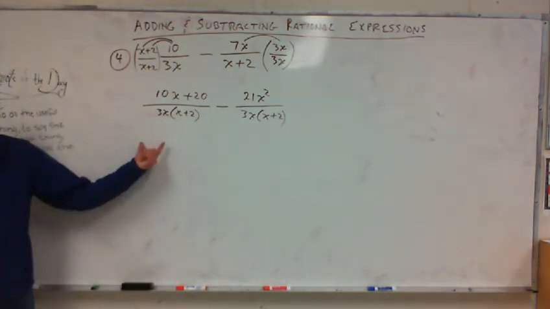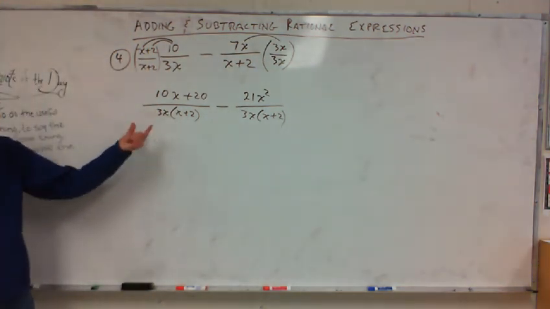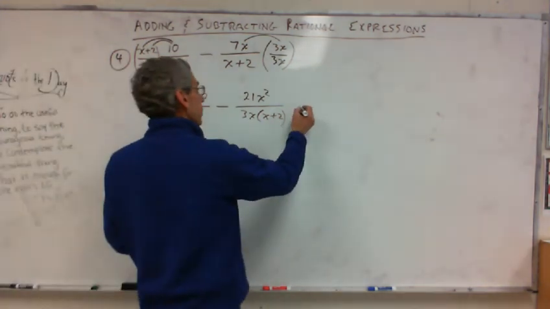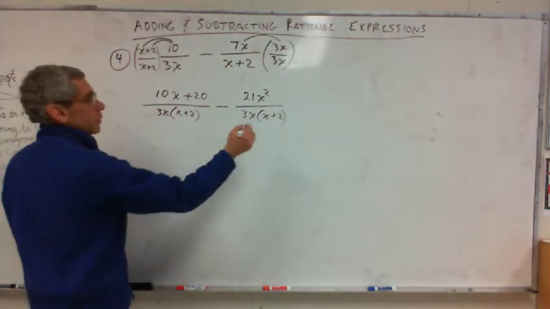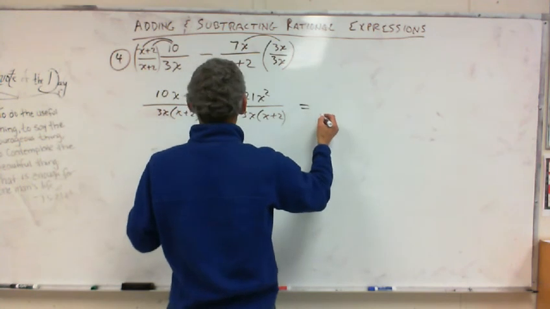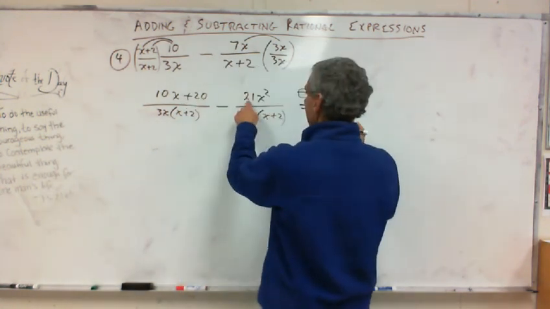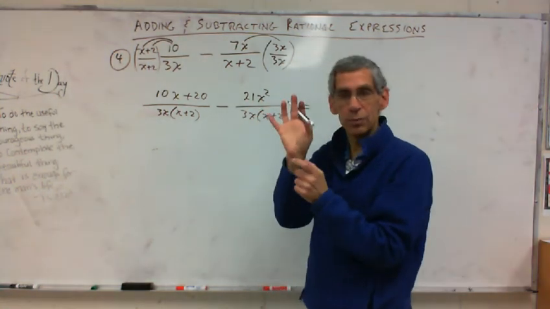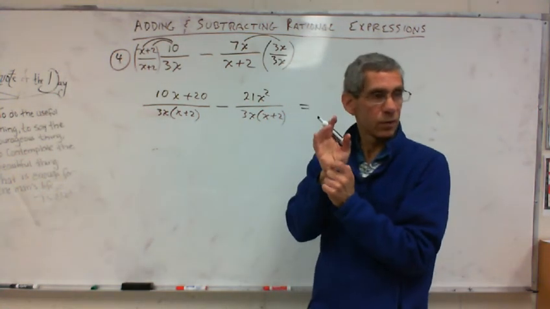Now I have common denominators, right? And I can combine my numerators now. So let's do it right now. So we have negative 21x squared. I'm going to put them in the right order because you want to put your highest exponent x first, right?